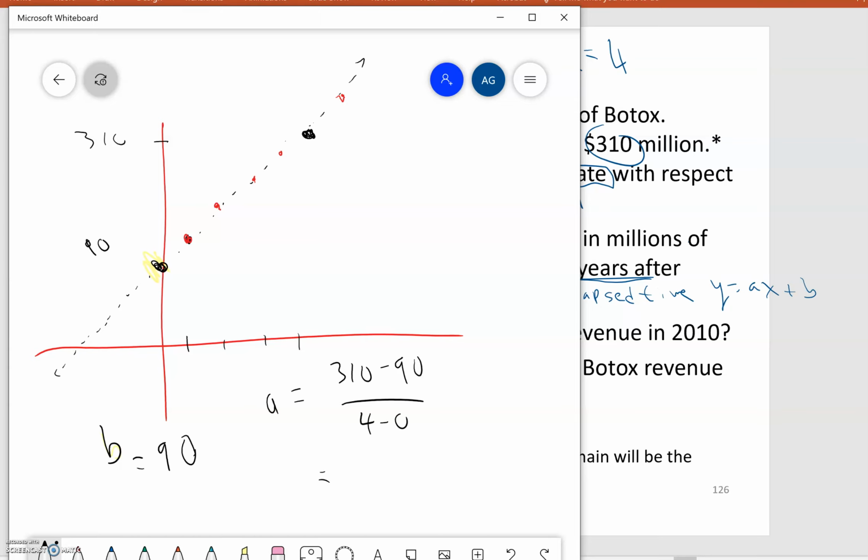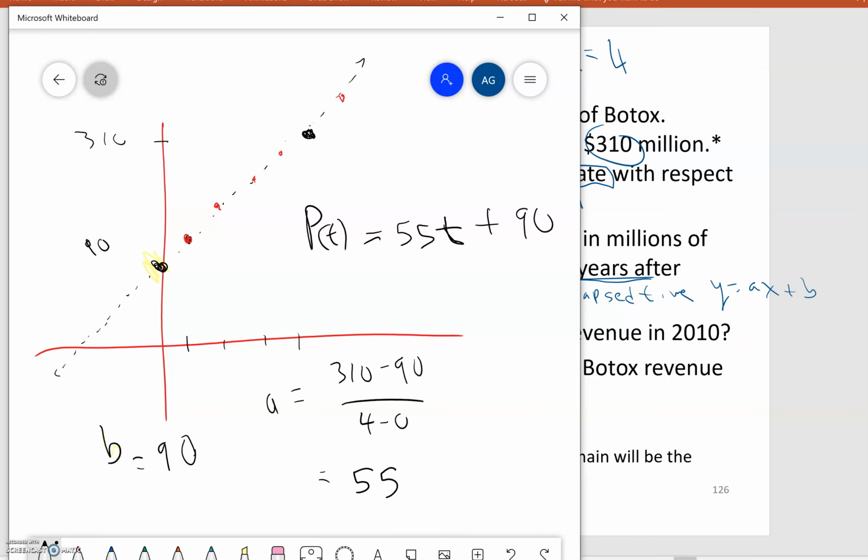So, quick computation, that's 55. So our model is y equals 55x, or t rather. How about I just erase it? 55t plus 90.